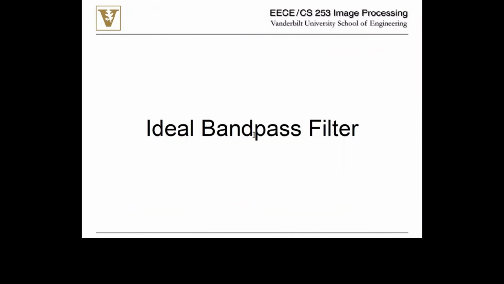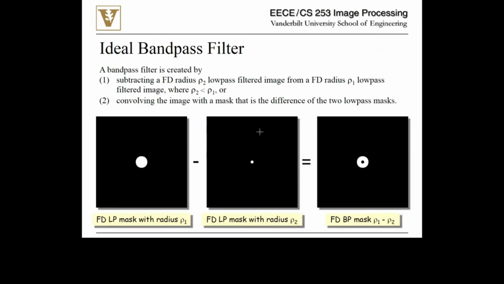Okay, then the ideal bandpass filter. The ideal bandpass filter you can design as a wide low-pass filter minus a narrow low-pass filter. This one has a radius ρ1, this has a radius ρ2, and then the bandpass filter is defined between ρ1 and ρ2.